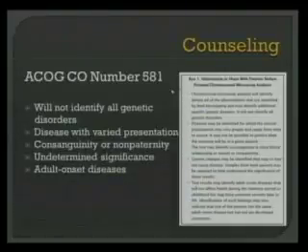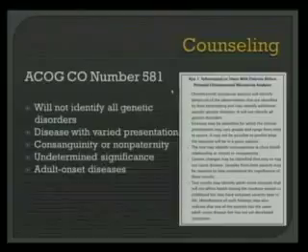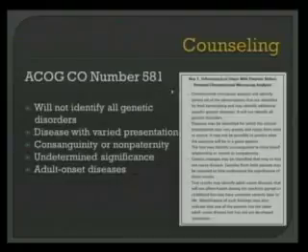Remember that even if you find a specific disease, a lot of diseases have a variation in the phenotype. And so oftentimes you're not going to be able to judge the severity or the phenotype of these patients with this disease. For some people, that's very hard to grasp, so you need to explain that to them. We already talked about the consanguinity, the non-paternity, the undetermined significance, and then the adult onset diseases.